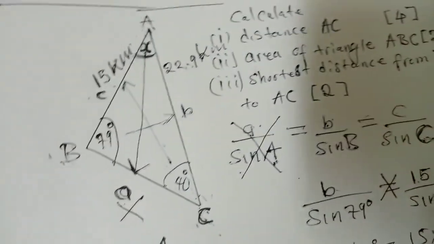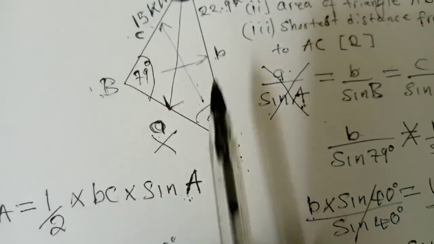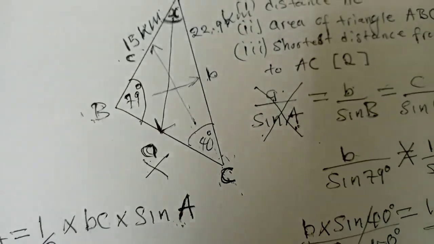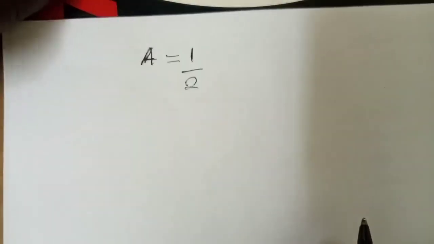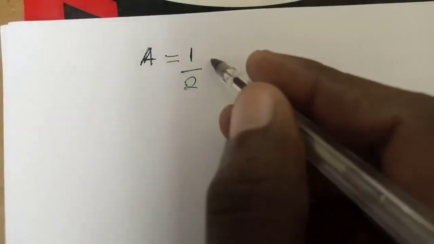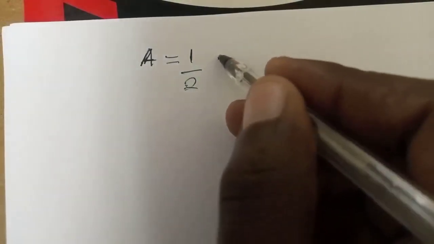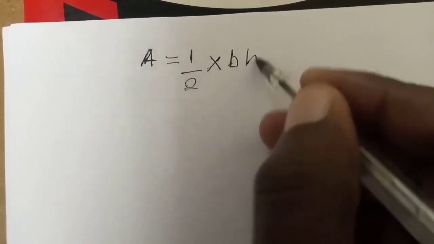How do we find the shortest distance? The formula for the shortest distance: A is equal to half, 1 over 2, multiplied by BH.